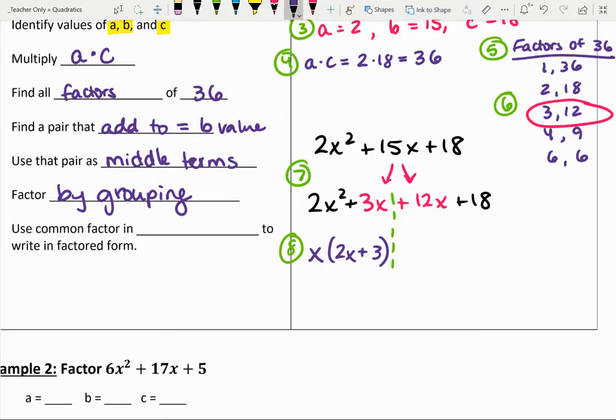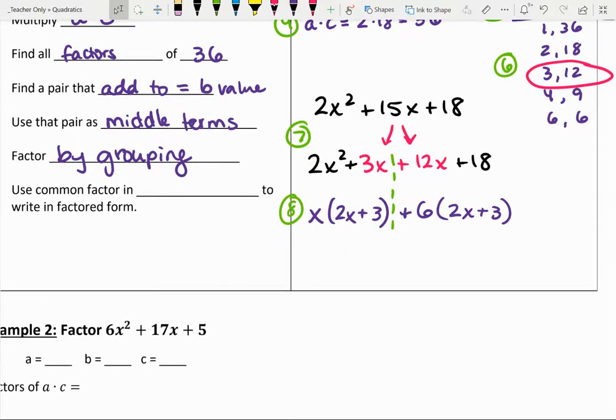And my second pair, 12x and 18, both of those numbers are divisible by 6, so our greatest common factor is a positive 6, and our remainder is 2x plus 3, which is exactly what we wanted, right? We want that remainder to match.